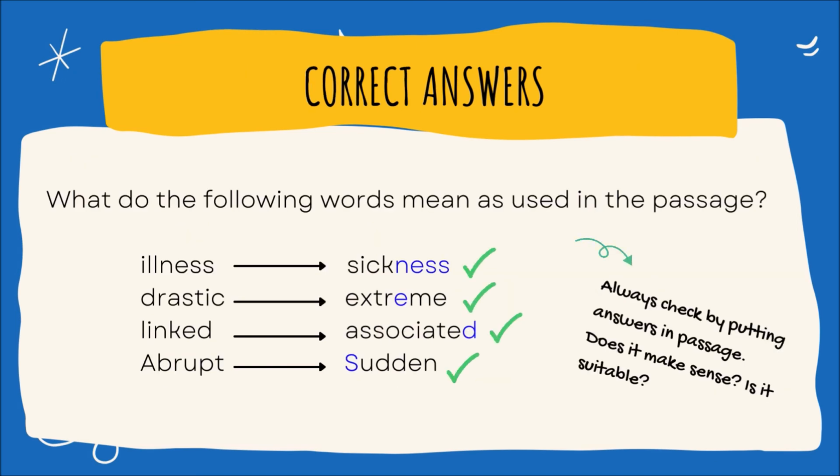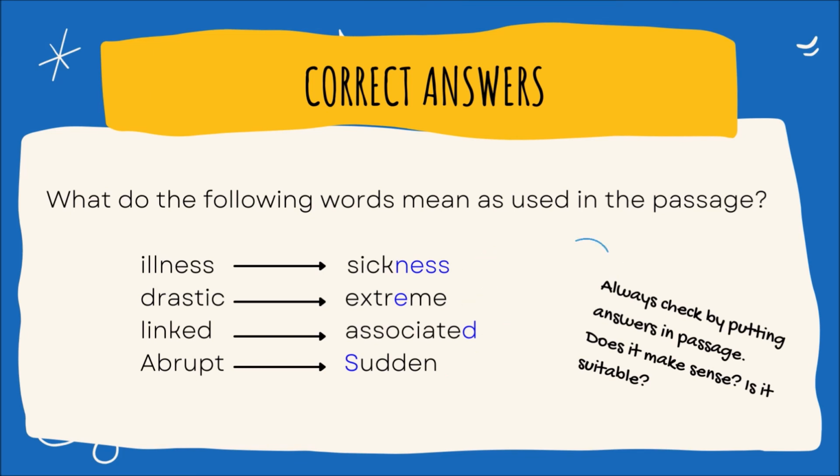So here is the correct answer. Illness is sickness, drastic is extreme with the correct spelling, linked is associated with the correct tense, and abrupt is sudden with capital S. So also when you choose the meaning for the word given, always try to check your answer by putting it in the passage.